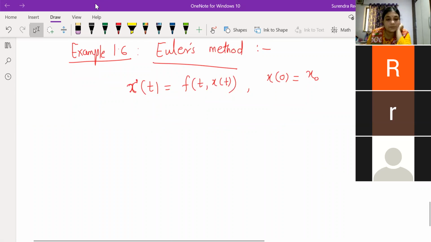What is the difference between initial value problem and boundary value problem? Nobody knows the difference?